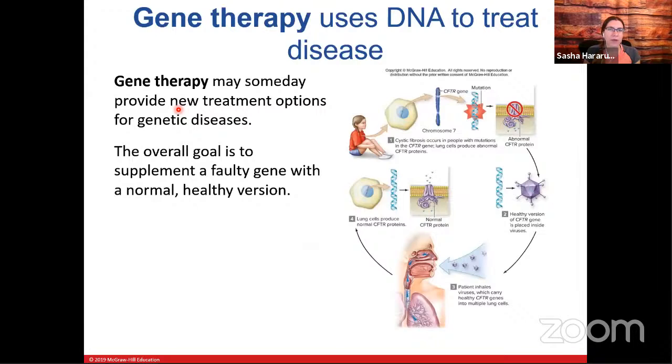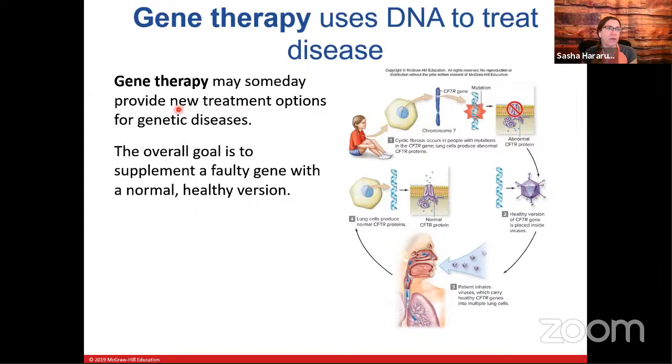So another example of biotechnology is gene therapy, and gene therapy uses DNA to treat disease. It may someday provide new treatment options for genetic diseases. So the overall goal is to supplement a faulty gene with a normal, healthy version.